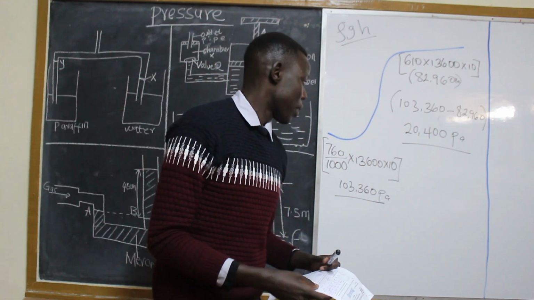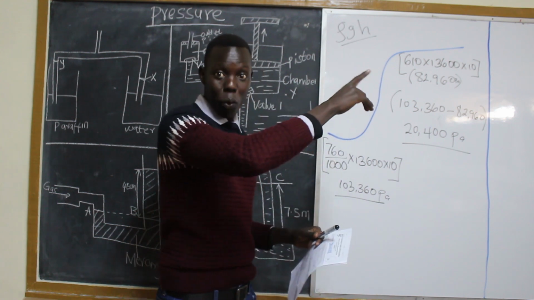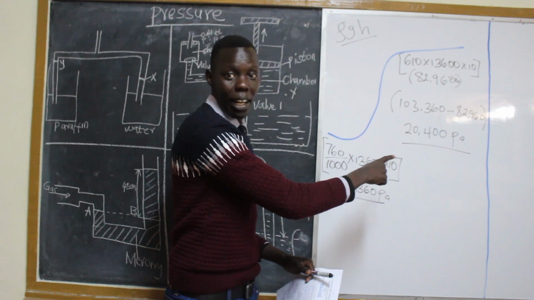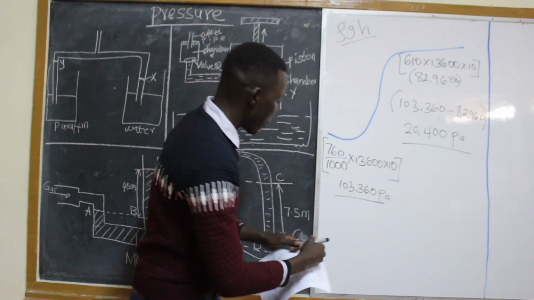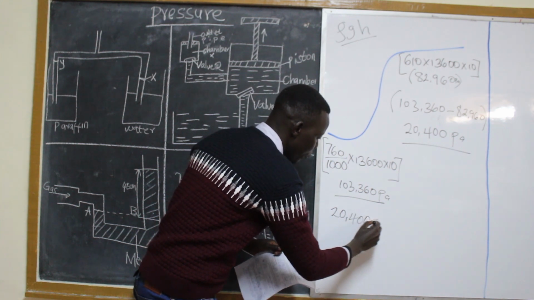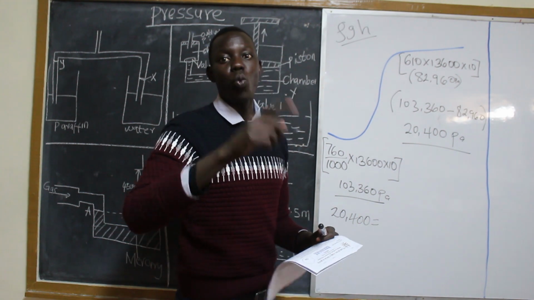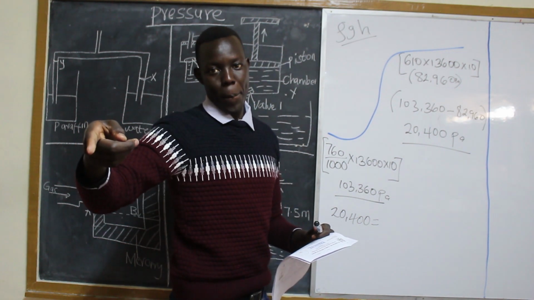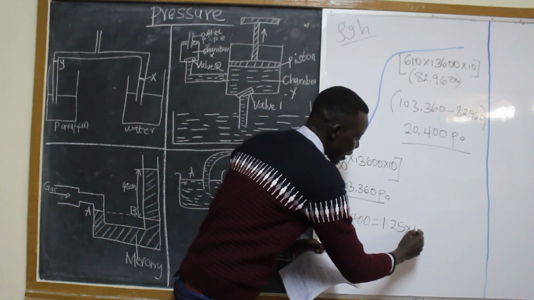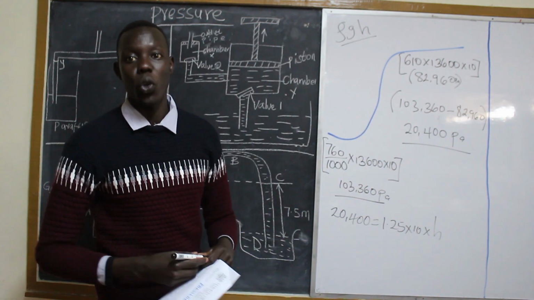What can we do now? This pressure is the pressure of the air in between. And remember, rho GH still applies. So I want us to get now the rho GH of the air. Already we have the pressure. So 20,400 should be equal to rho GH. Rho of the air, we have been told, is 1.25. g is just 10. Then h is the height of the mountain that we don't know.